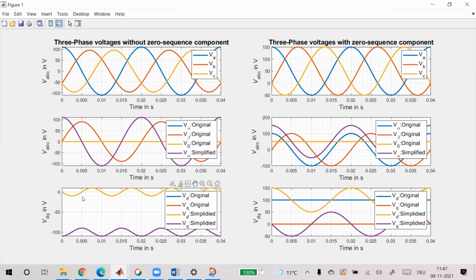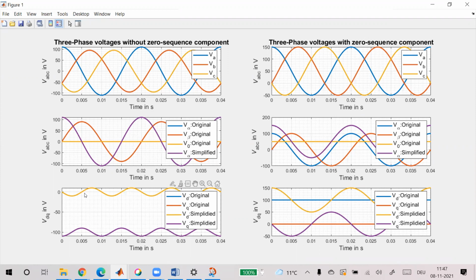Yeah, this one. So the DC value of D component is 0, but DC value of Q component is not 0. So never ever think that your D value is only some value. It can be also 0.